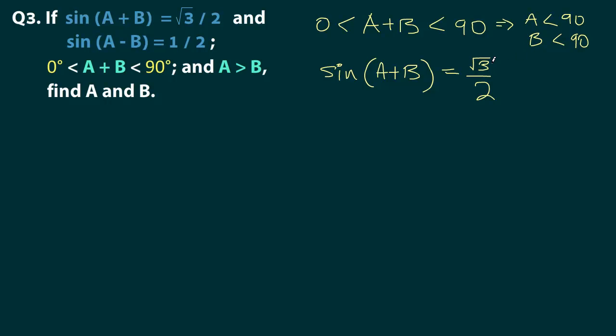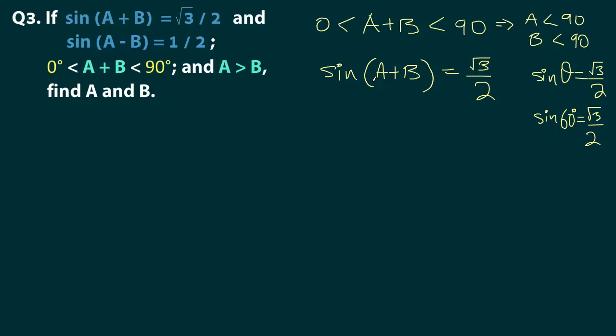So now can we think of any sine value which will give us square root 3 by 2? Can we think of any sine theta where sine theta will be square root 3 by 2, where theta is one of the standard angles? And the answer is yes. We know that sine 60 is square root 3 by 2.